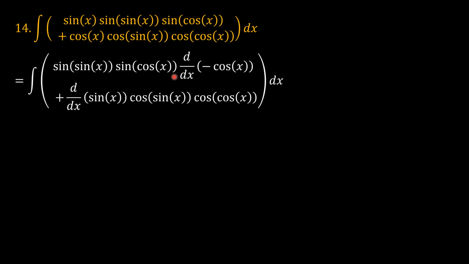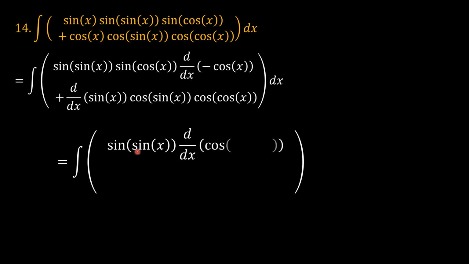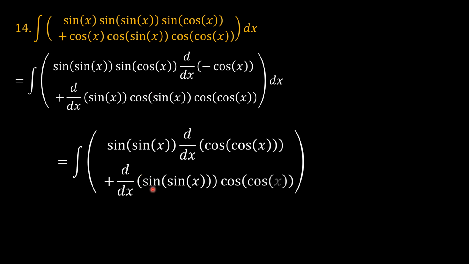Now we can still go further, and bunching this and this, we get the derivative of cosine of x. The negative obviously fizzles out because we have a nested cosine there. So we have now the sine of cosine of x times the derivative of cosine of x plus, and again we do the same thing here by bunching these two, we have the derivative of sine of x times the cosine of sine of x.